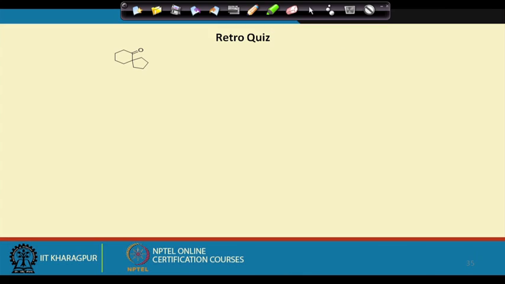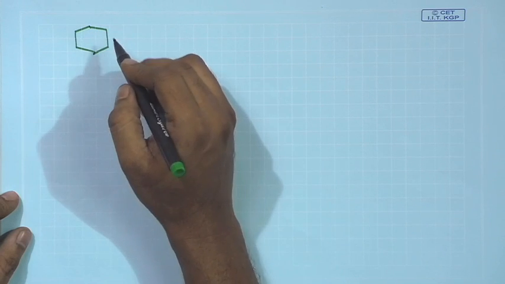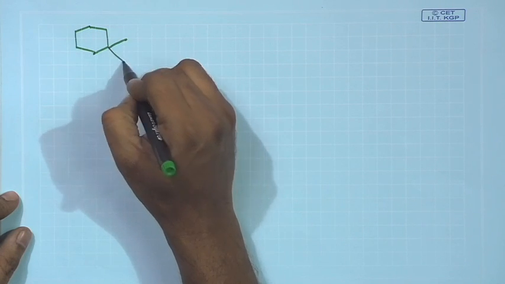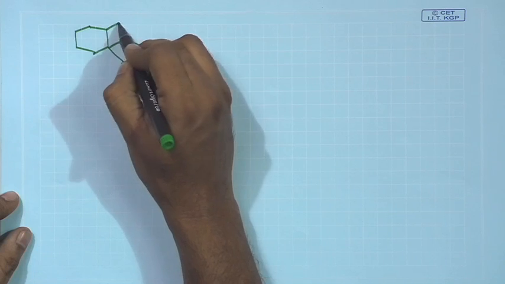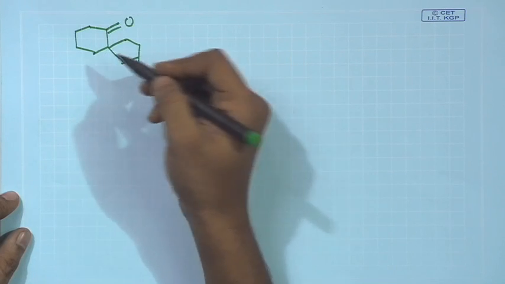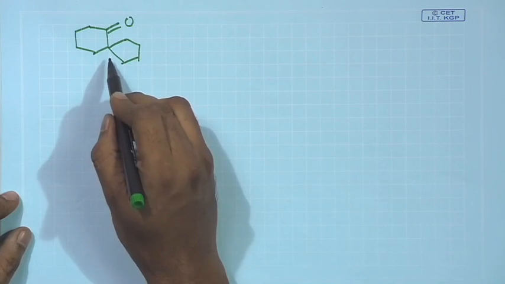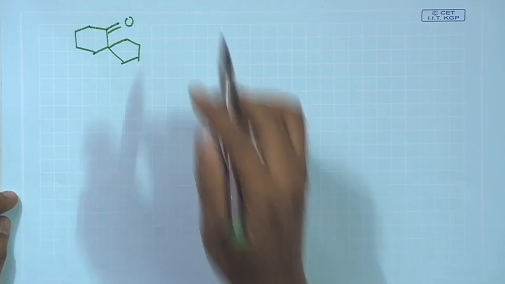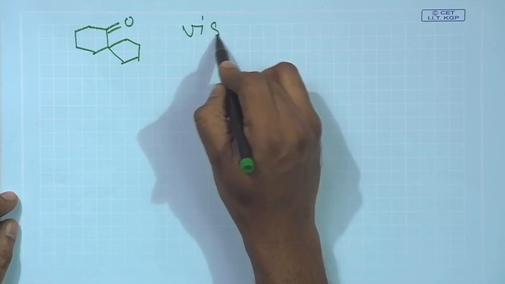Normally we will try to figure out those different things in our retro quiz or rapid fire quiz. Start the game. At the very beginning we have a molecule which you can see. It is a cyclopentane and cyclohexane based compound. It is a spirocyclic compound. As I said, you start a visual dialogue, visual communication, with this molecule.